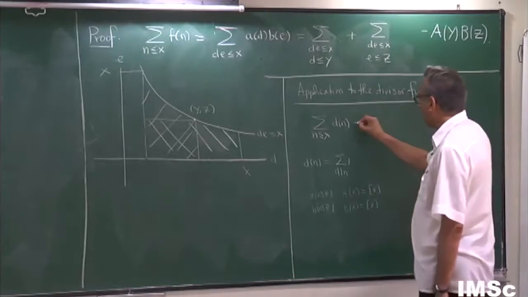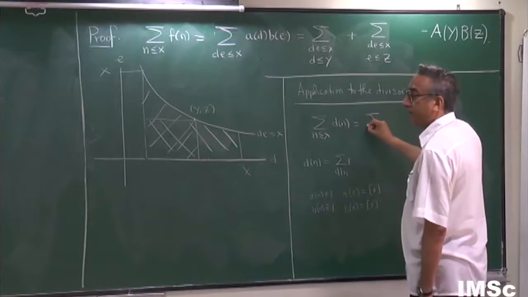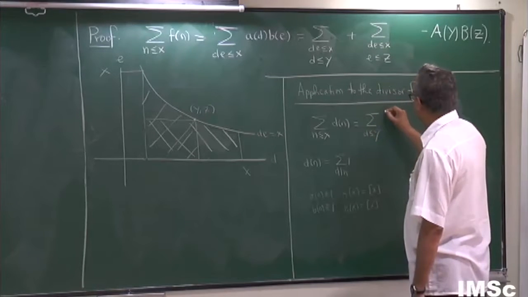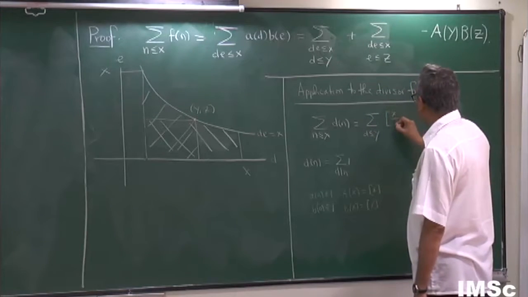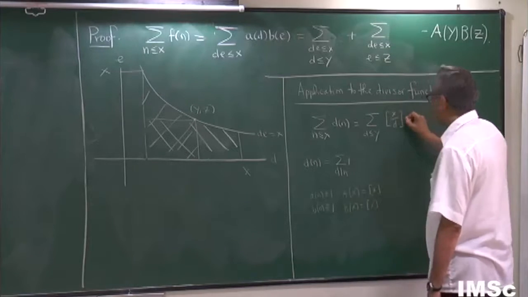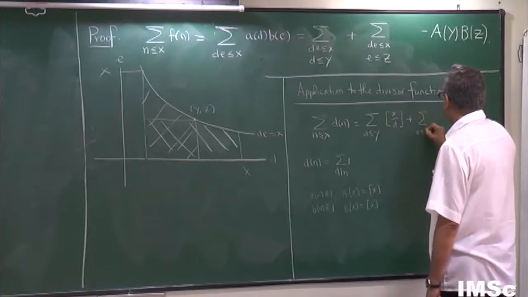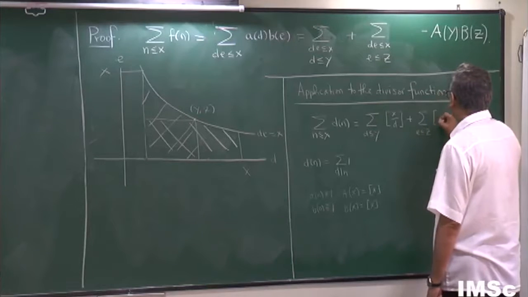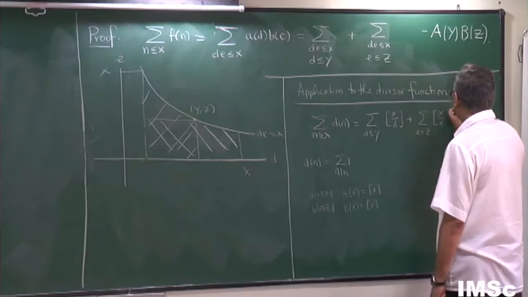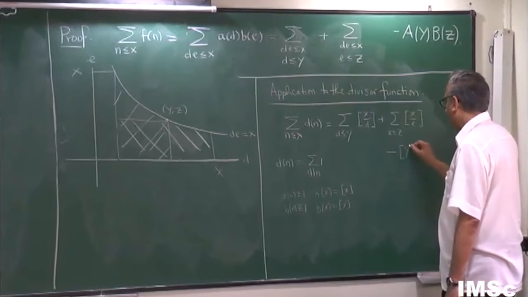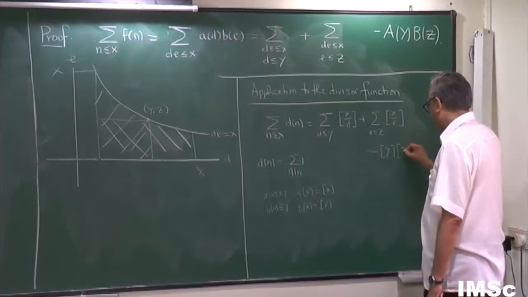And so when I apply that, I'm going to get: first sum is d less than y of x over d, plus e less than z of x over e, minus greatest integer of y times the greatest integer of z.